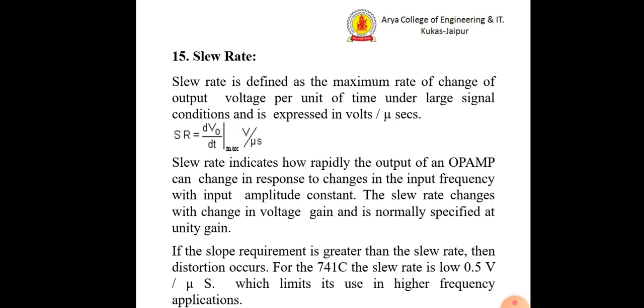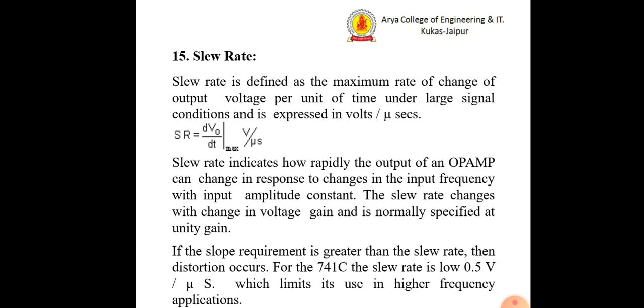What this sentence is saying is that whenever you are applying a large signal, that is, signals which have large amplitude excursion, then the slew rate is the rate of change of output with respect to time.